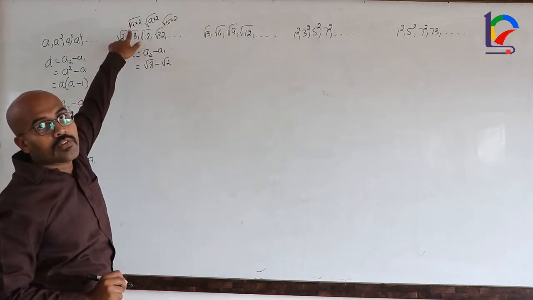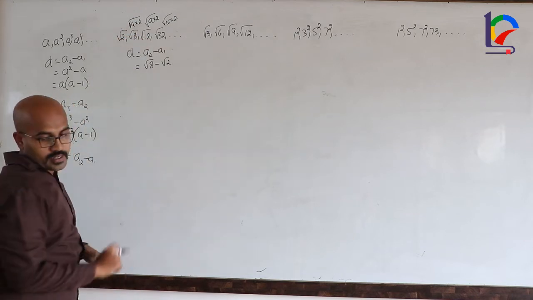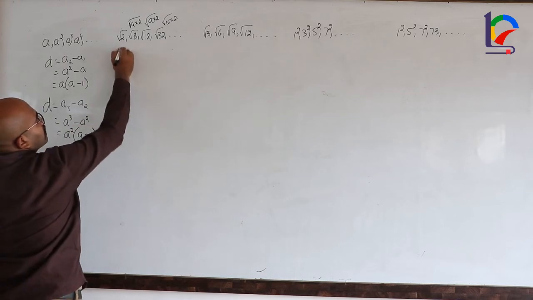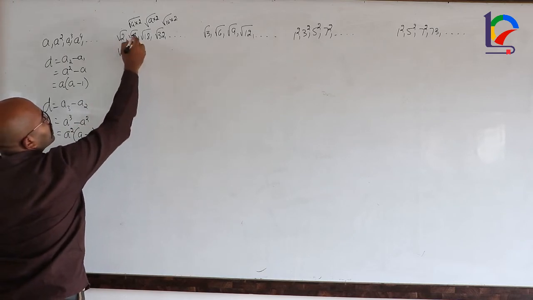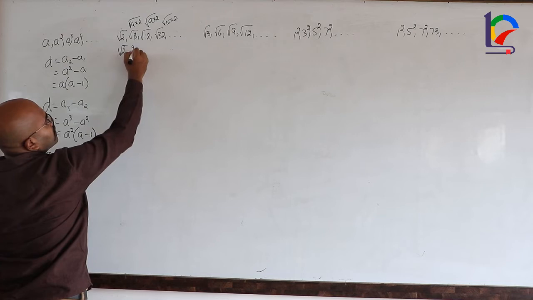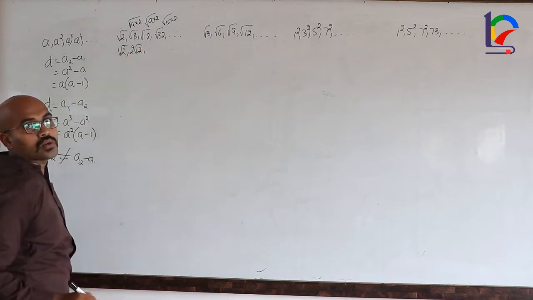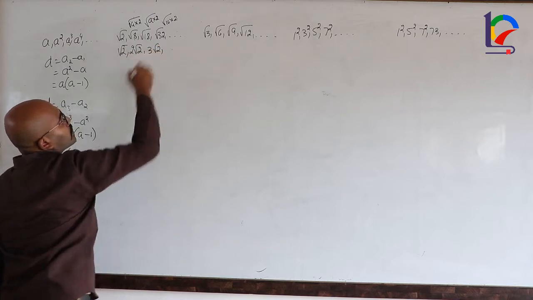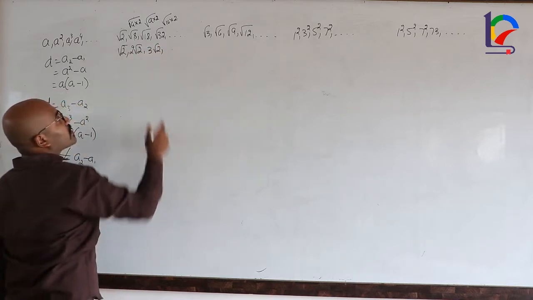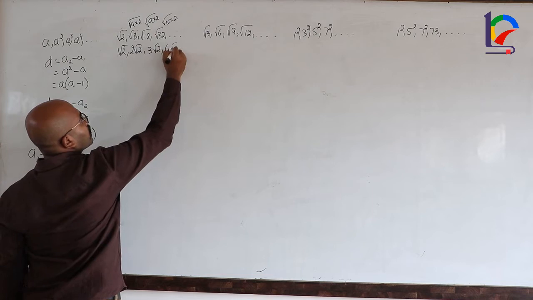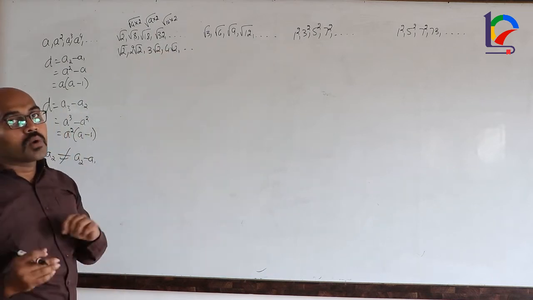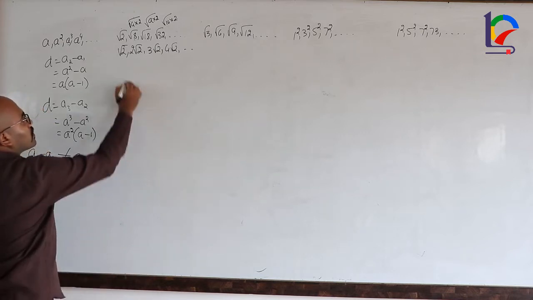What is root of 4 into 2? If I simplify, I can write it as 2 root 2. Root 8 can be written as 2 root 2. Root 18 can be written as 3 root 2. Root 32 can be written as 4 root 2 and so on. So now it will be even easier to solve.